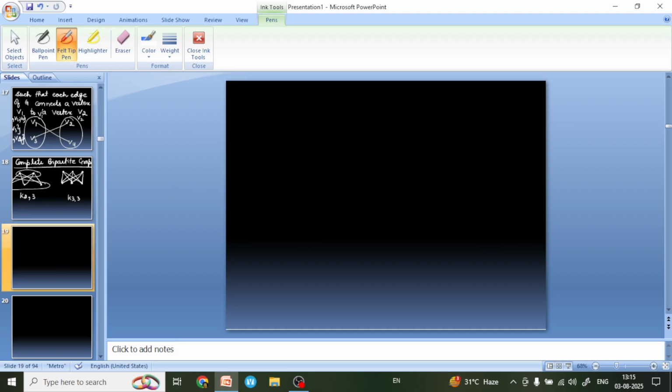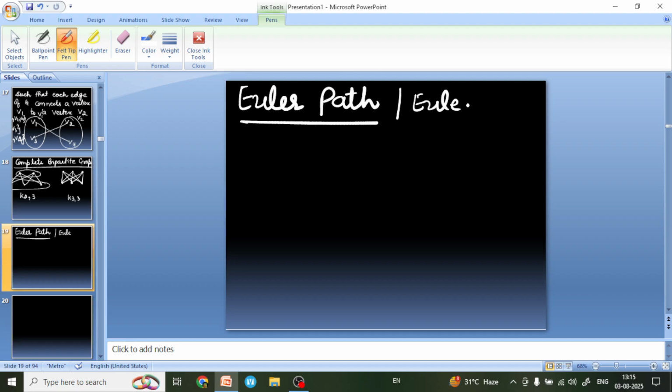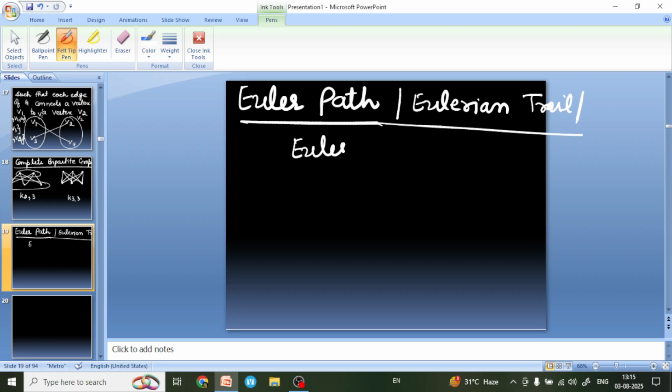Now next, what is Euler path? Euler path is also known as Eulerian trail, or you can say Euler walk.